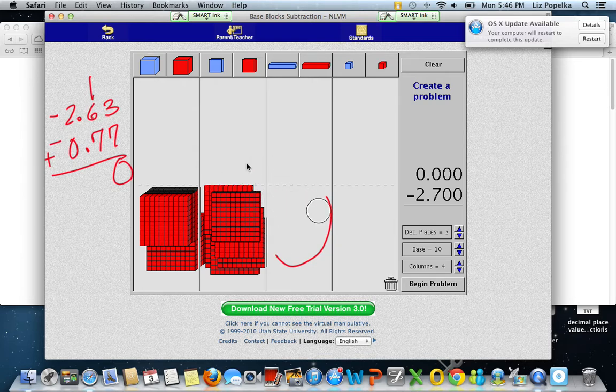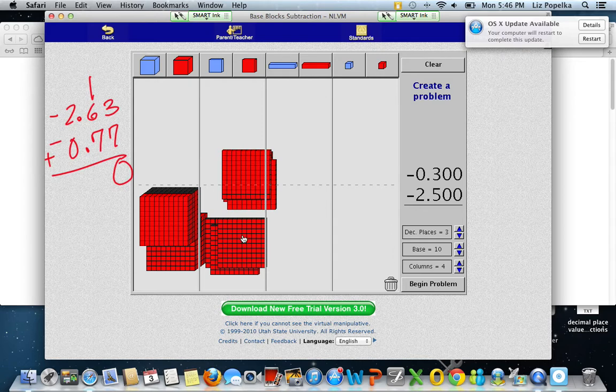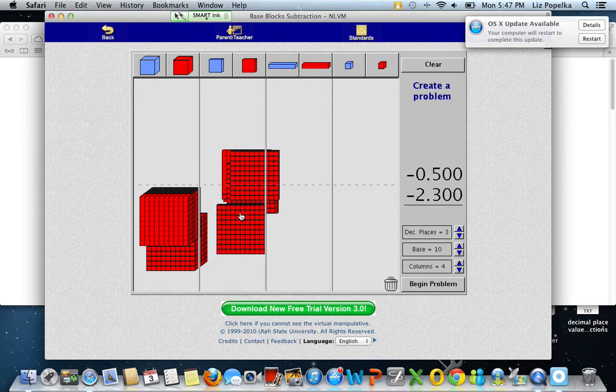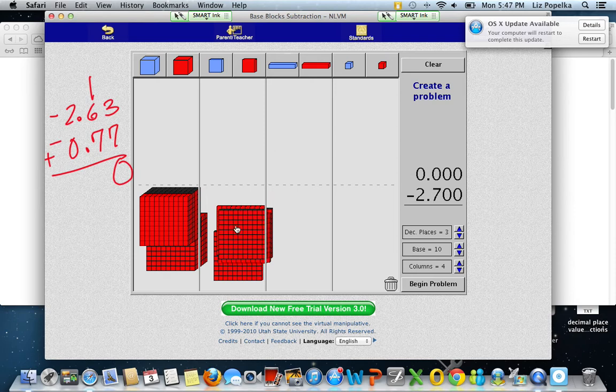So what's going to happen with all that? Well, I'm going to make myself a little pile here. 1, 2, 3, 4, 5, 6, 7. Oh yeah, it would probably help, wouldn't it? So I have the 6 from the original problem, and then I have the 1 that I added over here.